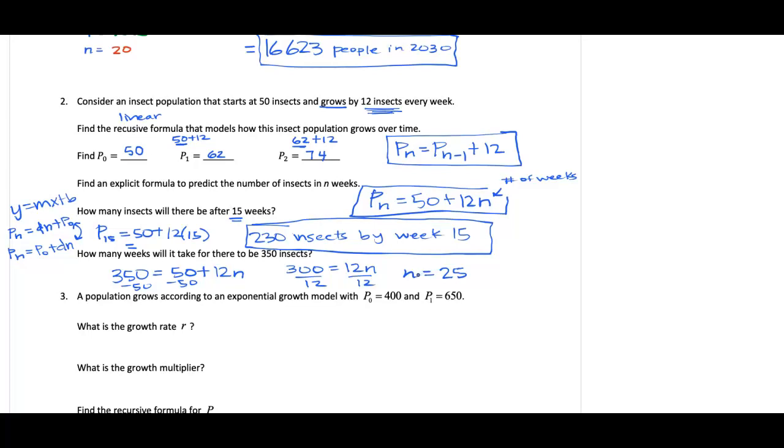So make sure you're looking closely for that. Watch carefully where it's telling you to round. So n is saying at 25 weeks, there are 350 insects. Okay, so that's what we're doing there.